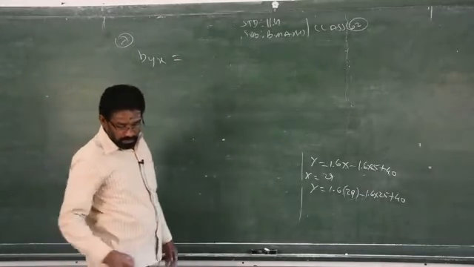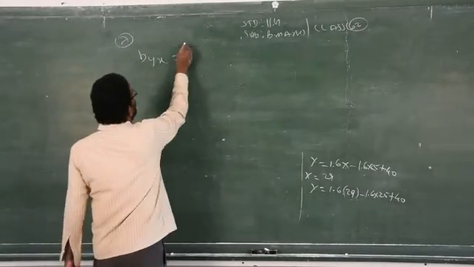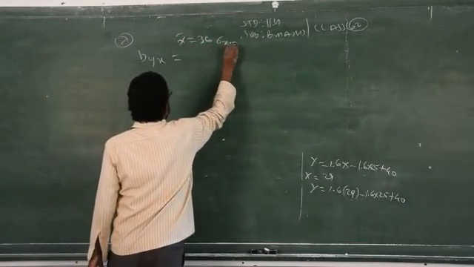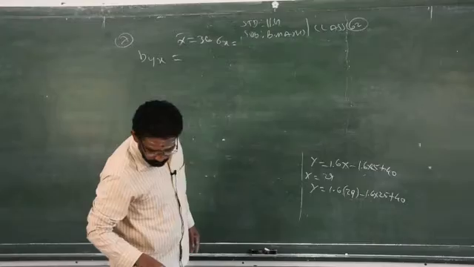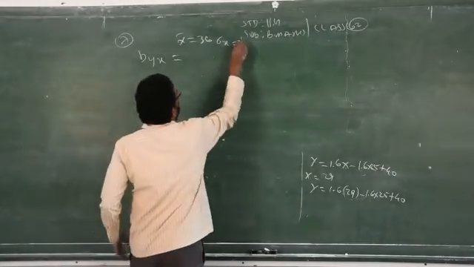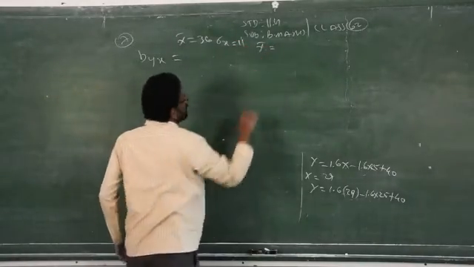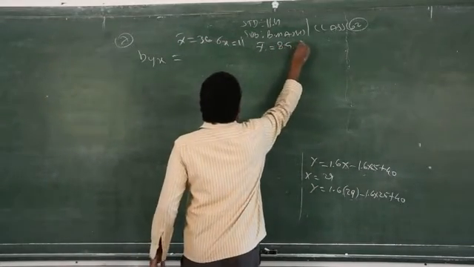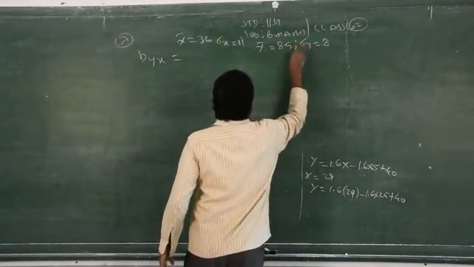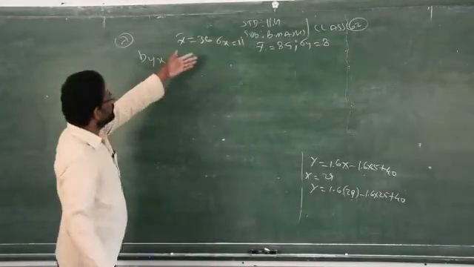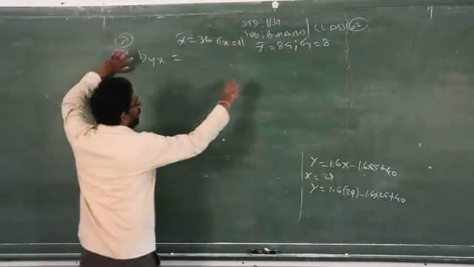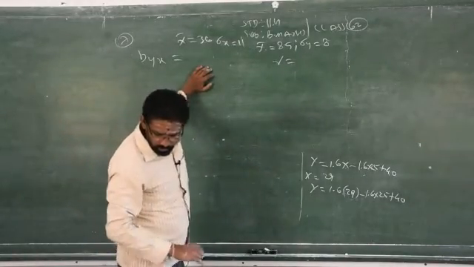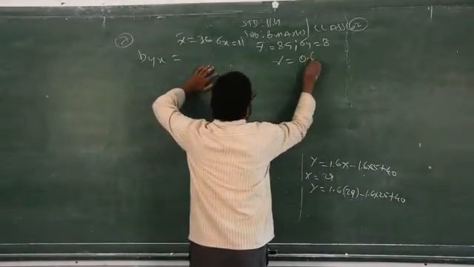x bar is given as 36. What is your standard deviation for x? 11. Similarly, y bar is given as 85. Then sigma y is given as 8. Once you know this concept, R, the correlation between the two variables x and y, is also given as 0.66.